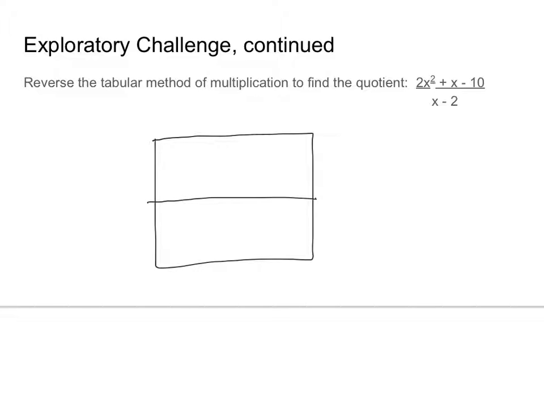Reverse the tabular method of multiplication to find the quotient of this one. Looks like we have x and -2.